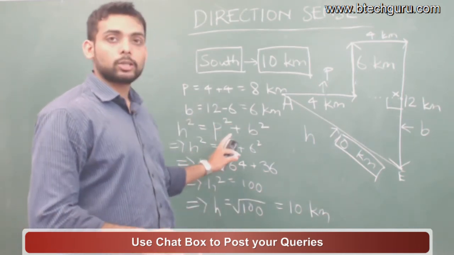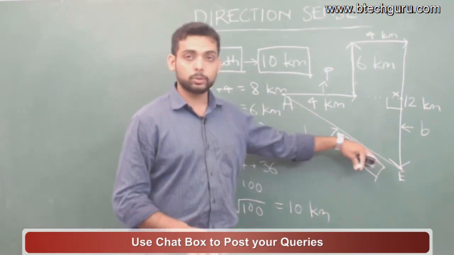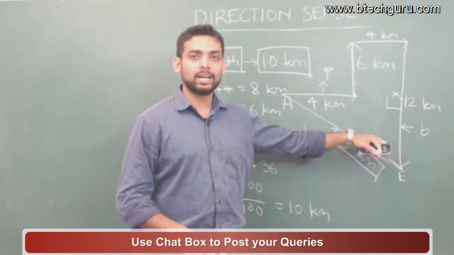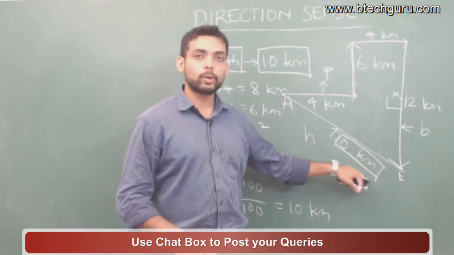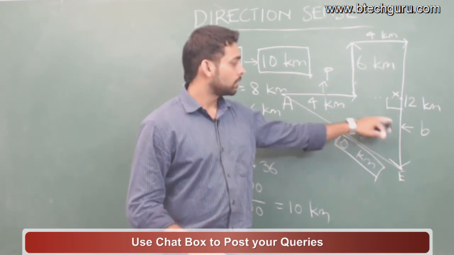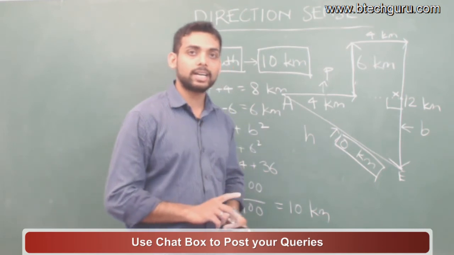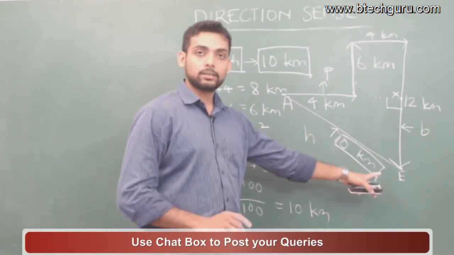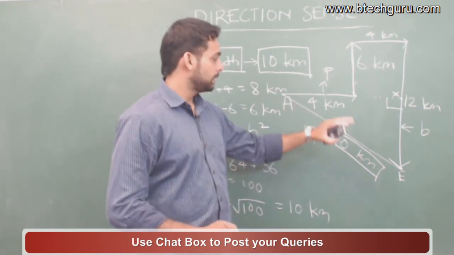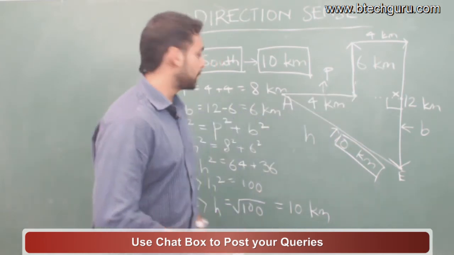And keep Pythagoras theorem in mind, that hypotenuse, that is the longest side of the right angle triangle, hypotenuse square is equal to base squared plus perpendicular squared. Okay, keep in mind which side is what. The longest side, the diagonal, is called the hypotenuse. Then you have a base and the perpendicular.